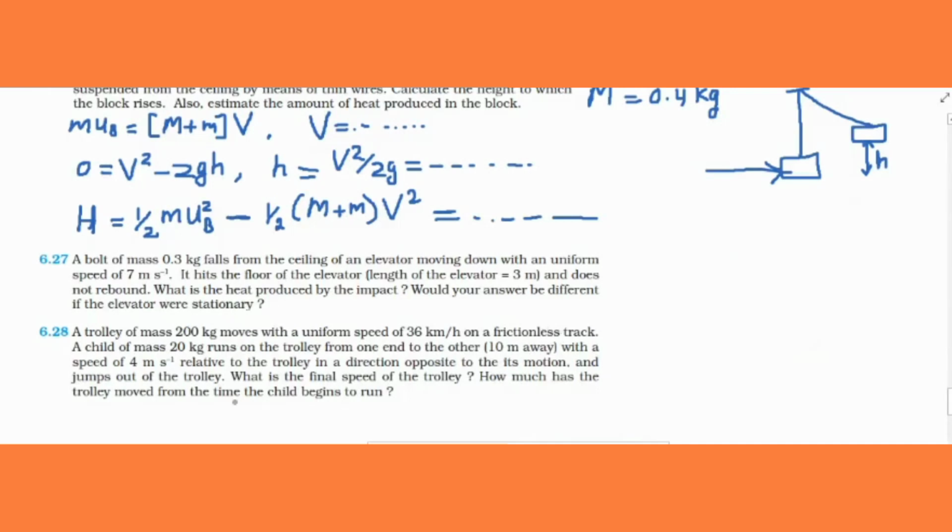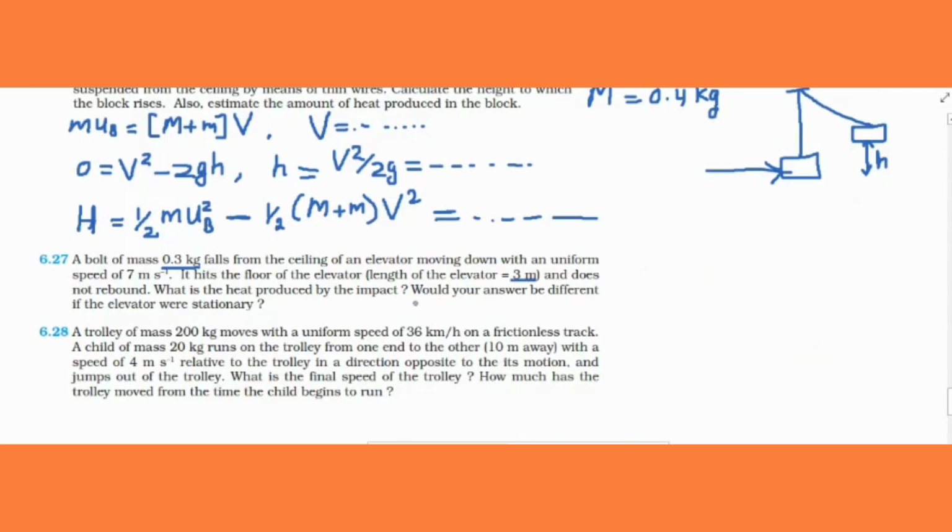Question 27. A bolt of mass 0.3 kilogram falls from the ceiling of an elevator moving down with a uniform speed. It hits the floor of the elevator. The length of the elevator is 3 meters.